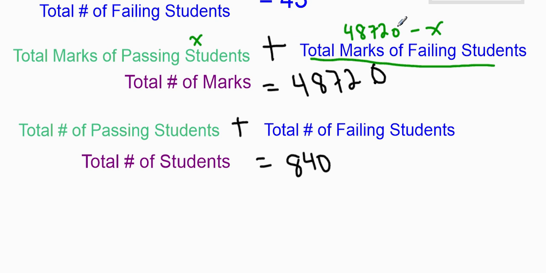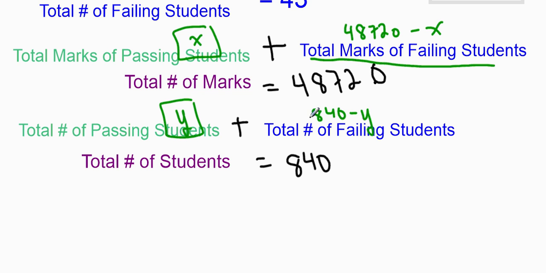So that shows me the relationship between those two values. Similarly, down below, if I decide to call the total number of passing students y, then there must be 840 minus y failing students. Again, because if I add them together, I get 840. If this is 500, this is 840 minus 500, and so on. So that helps me think about where my variables are going to sit.